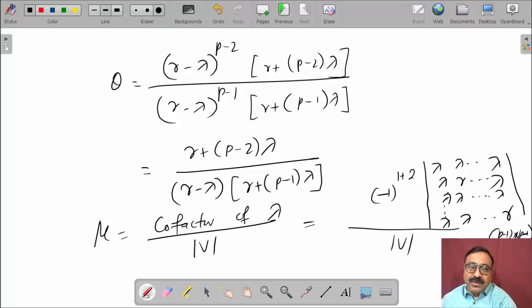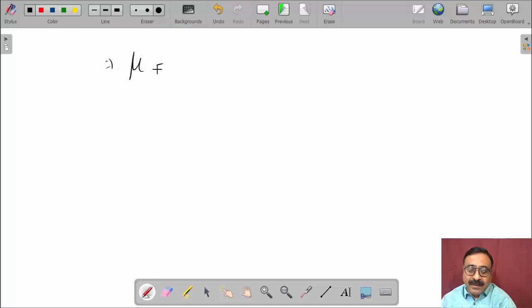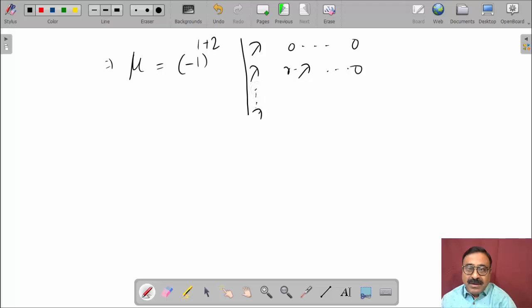Now this is equal to minus 1 to the power 1 plus 2 times the matrix with lambda in the first column, and subtracting lambda from every column, the diagonal entries become R minus lambda and the others 0. This is P minus 1 cross P minus 1.